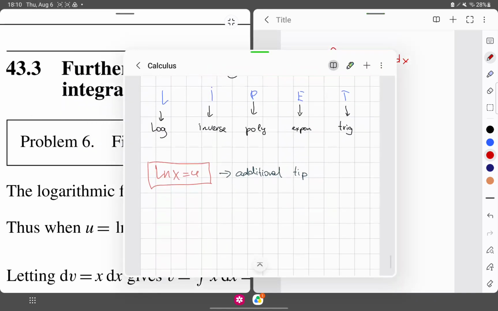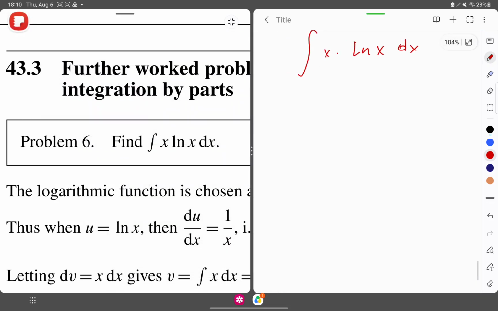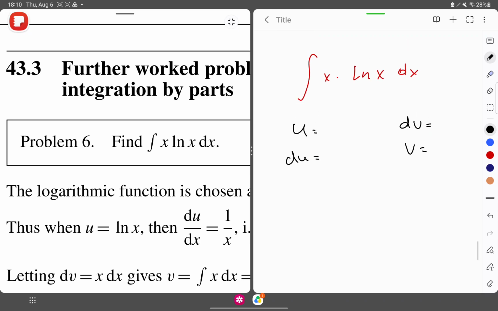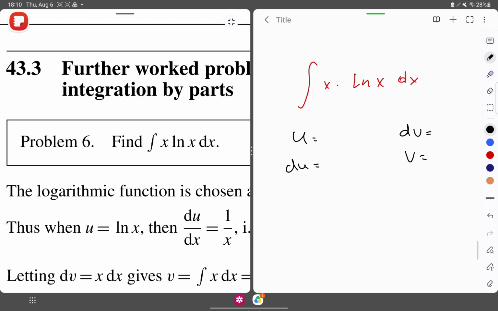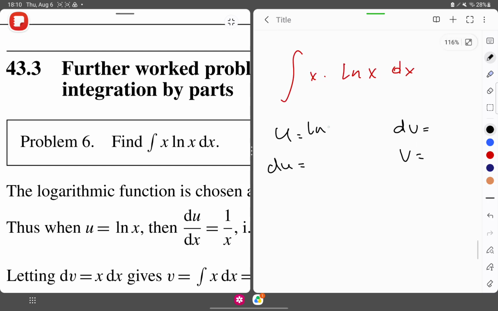According to our rule, ln x is always u. So we write u dv, du, v. Our u is ln x, the derivative of ln x is 1 over x, and dv is x, so v is x squared over 2.